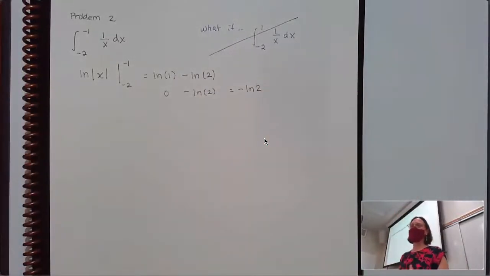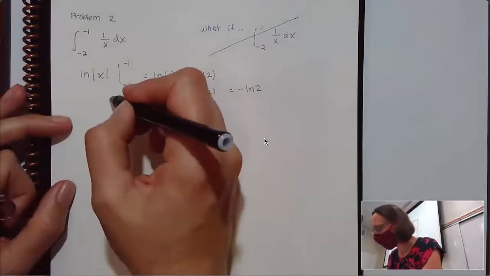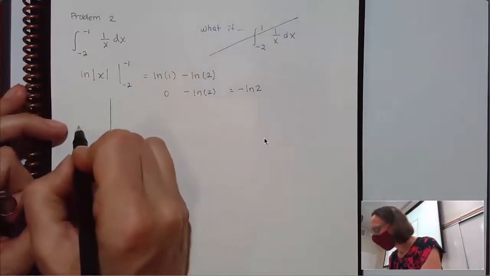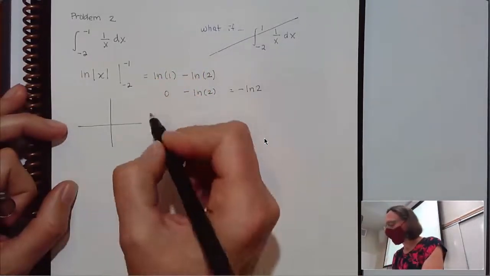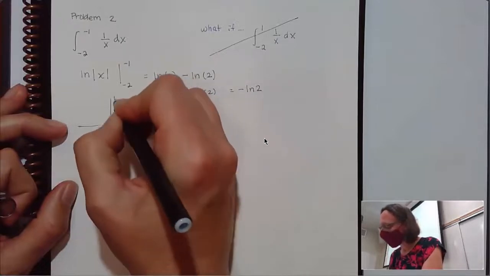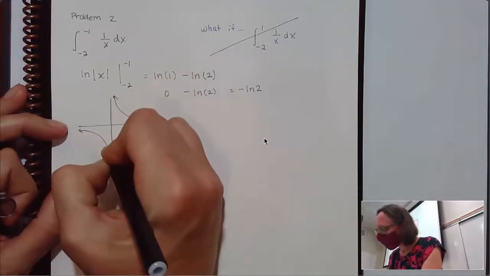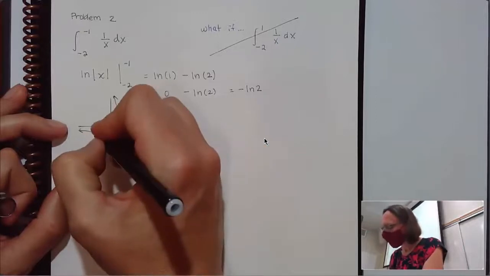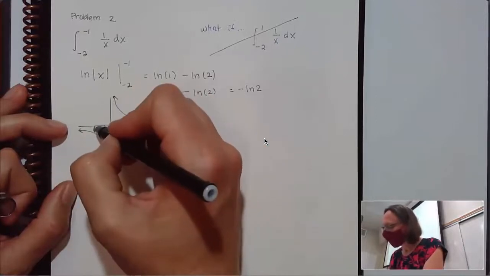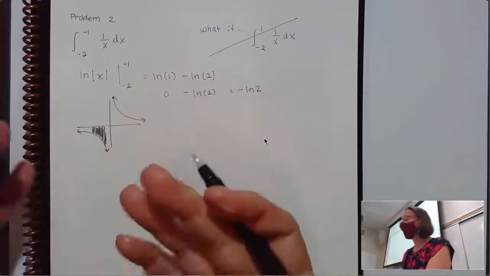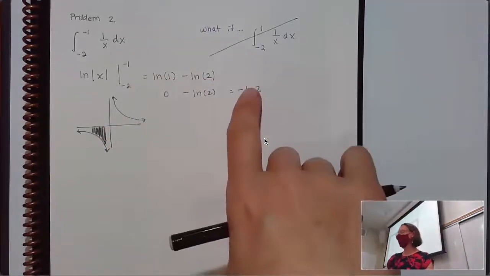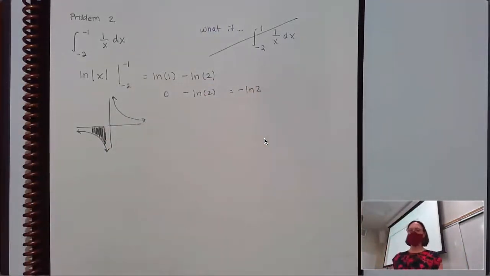By the way, if we think about what the graph looks like, it makes sense that our answer worked out to be negative because the graph of 1 over x looks like this. So if we're going from -2 to -1, all of that area is below the axis. So we would expect a negative value for that integration.